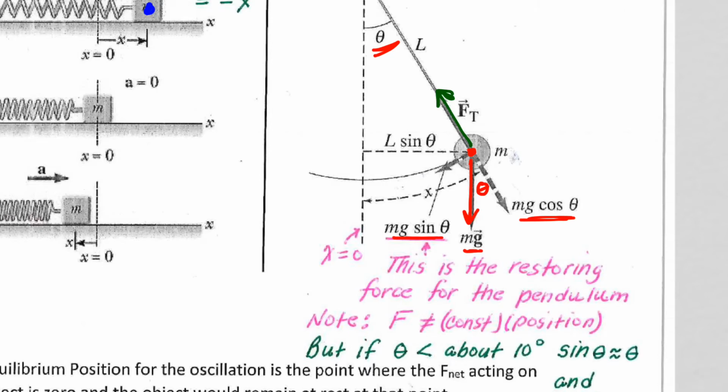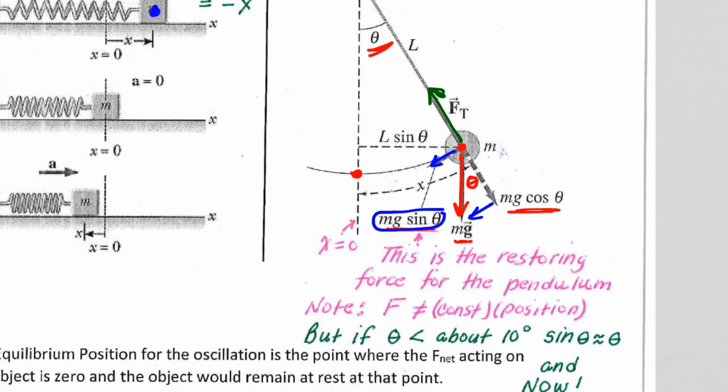I'll do it in blue to highlight it. The mg sine theta here is our mg sine theta here. So this is actually the restoring part of mg that wants to restore the pendulum back to its x equals 0 position at the bottom. Well, we can see that that is not linear.